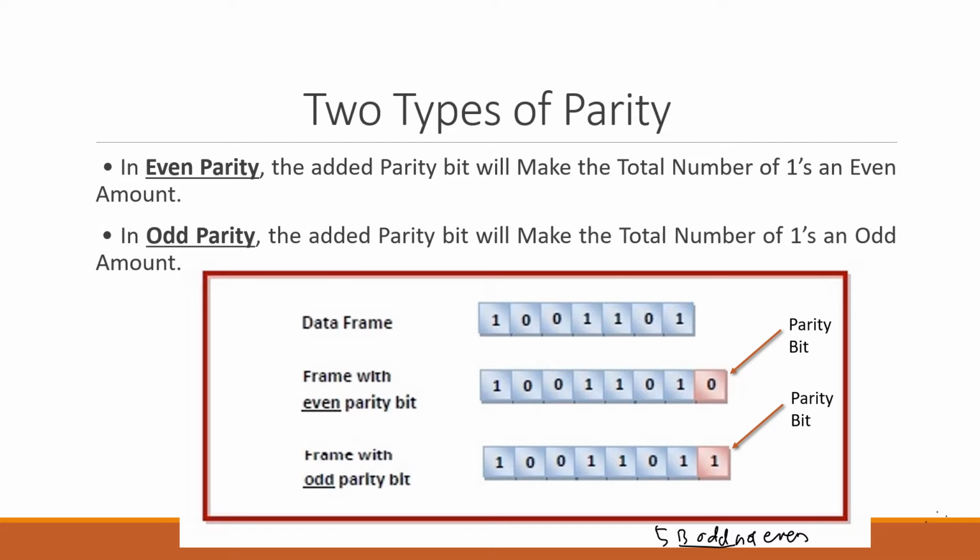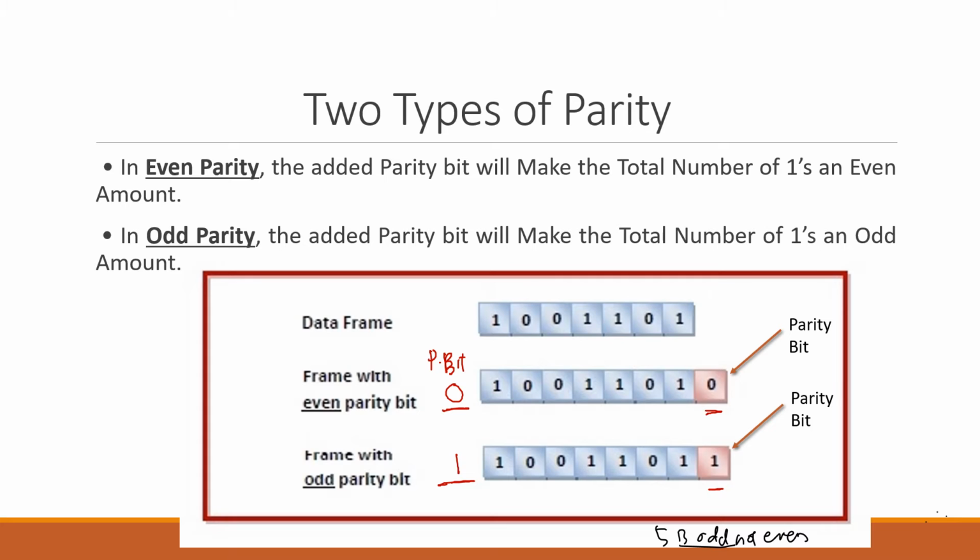There are two types of parity. The first one is the even parity, and the second one is the odd parity. In this example, the parity bit is added at the end of the bit number. You can also have the parity bit at the beginning of the number.